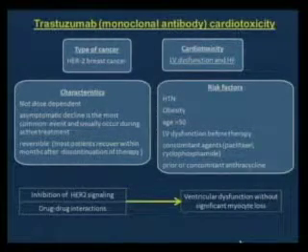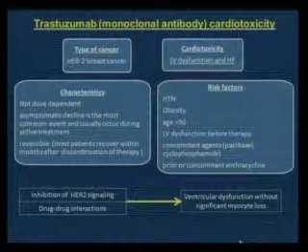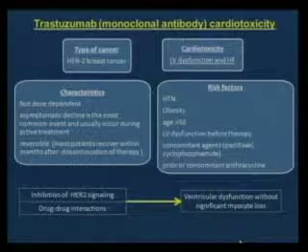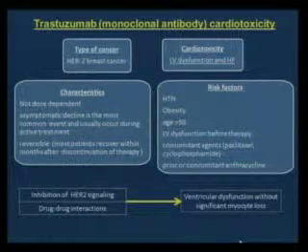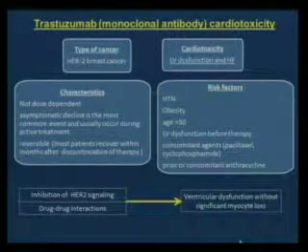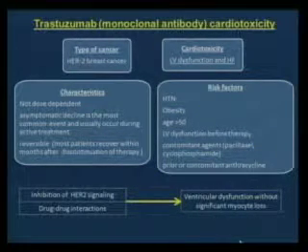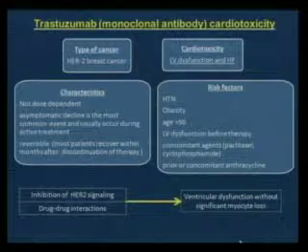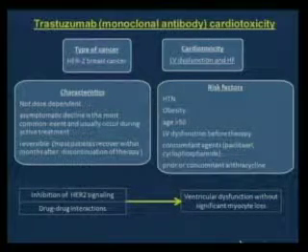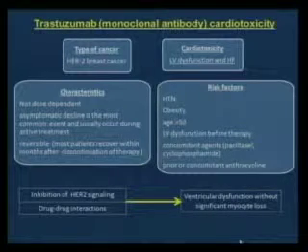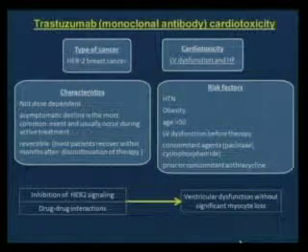Next one is Trastuzumab. It's a monoclonal antibody, and it's used in HER2-positive breast cancer. We all know that. The commonest cardiotoxicity with Trastuzumab is LV dysfunction and heart failure. It is not dose-dependent compared to doxorubicin. Also, it's more likely to cause asymptomatic decline compared to doxorubicin, which is more likely to cause clinical heart failure.